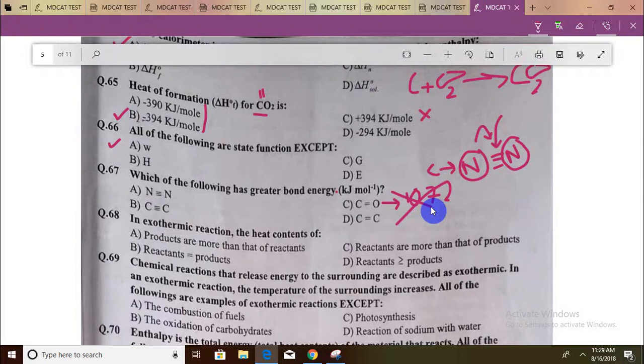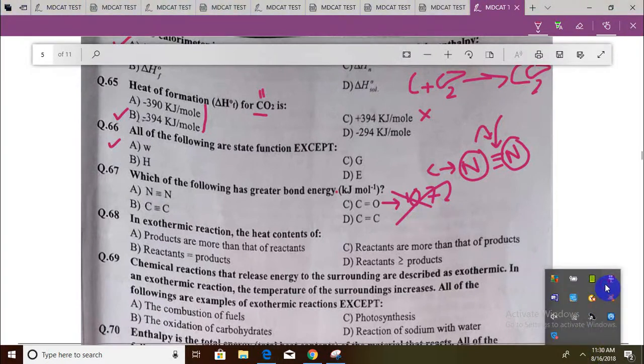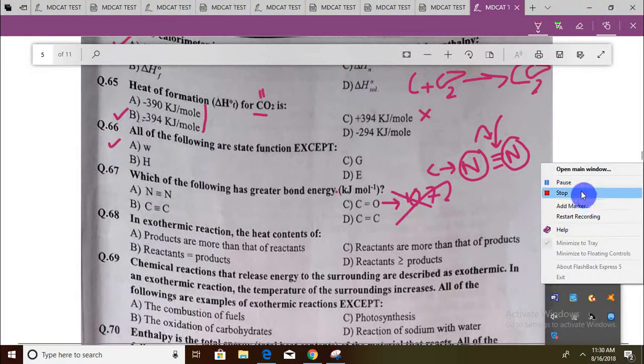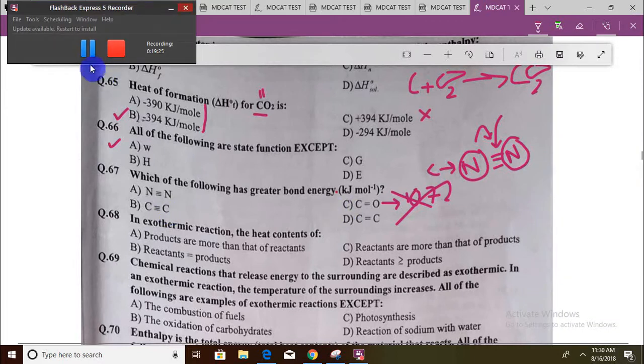Anyways, see, this obviously is comparable. So if you take a look at the table, some important values you should know: 436 is the bond enthalpy of HH. That is important.